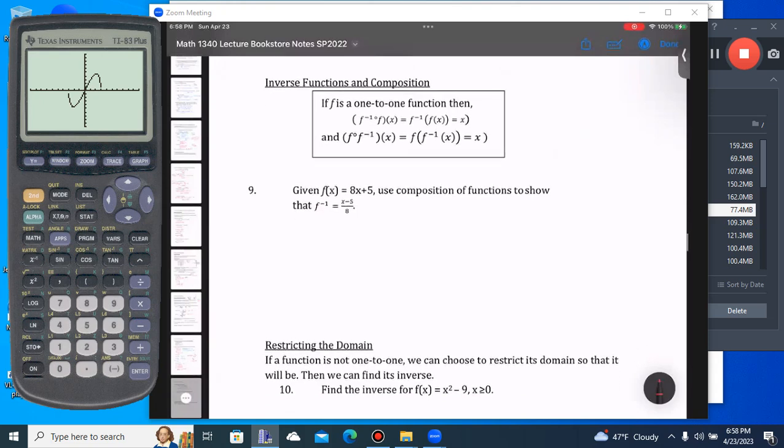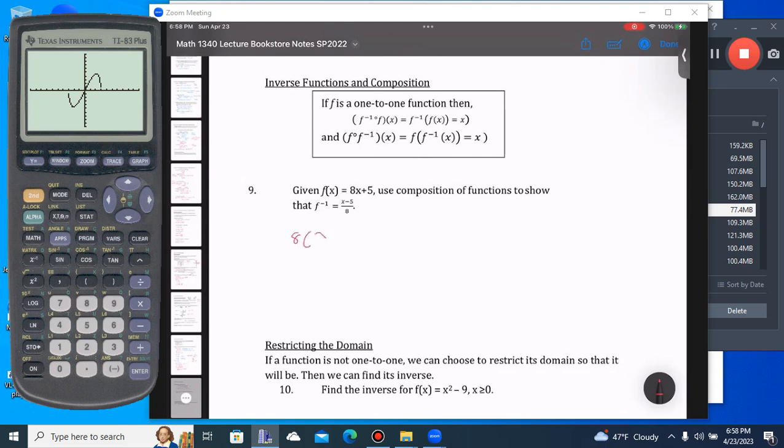All right. So again, if a function is one-to-one, then the composite of the function and the inverse will equal x. So if we take f of x equals 8x plus 5, the inverse is x minus 5 over 8.